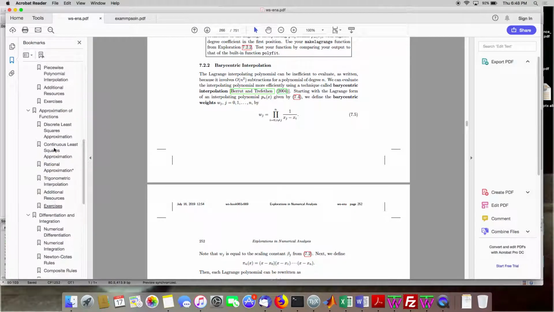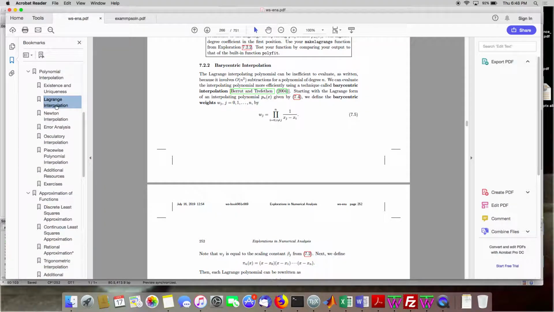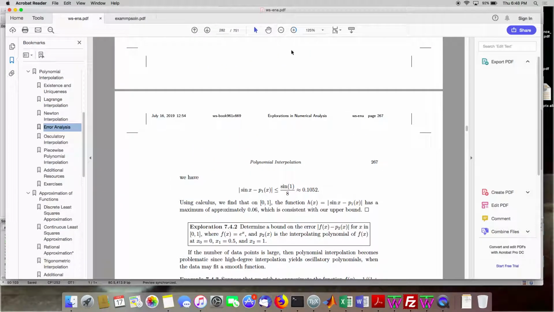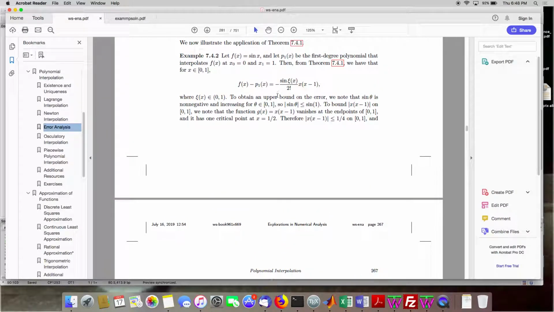Okay, I'm going to get this error analysis. Okay, so you're saying in the example, this one right here, 7.242. Yeah, so I filled in the particulars right here. These are the 2 points.